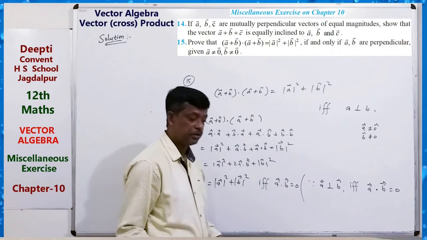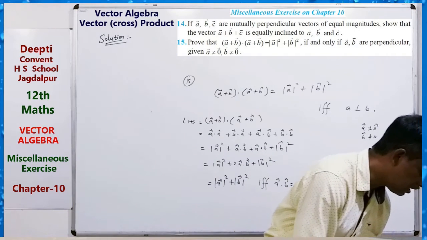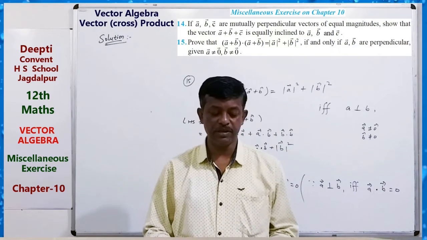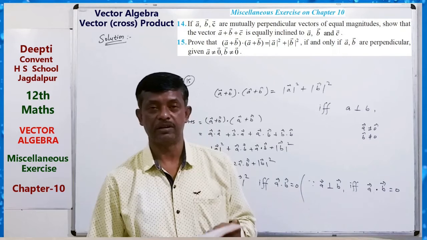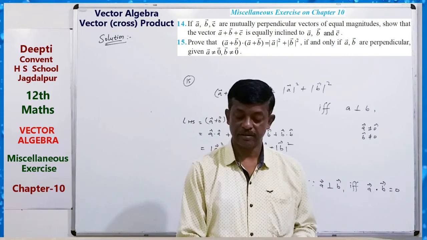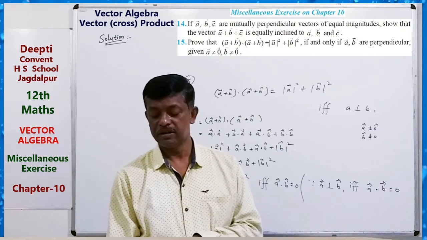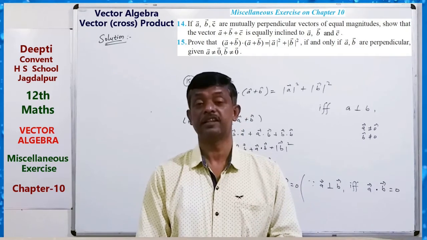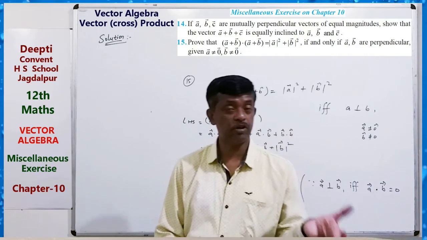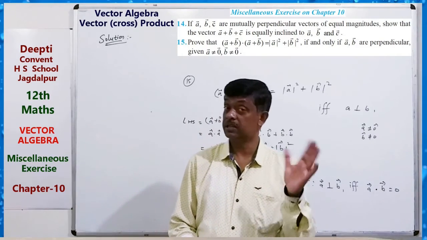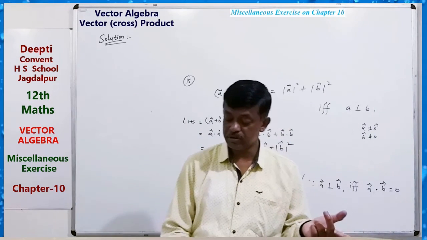Okay. Question 16: theta is the angle between the two vectors A and B. A dot B is greater than or equal to 0 only when theta lies between what? A dot B equals |A||B| cos theta. |A| and |B| are greater than 0, so cos theta is greater than or equal to 0.